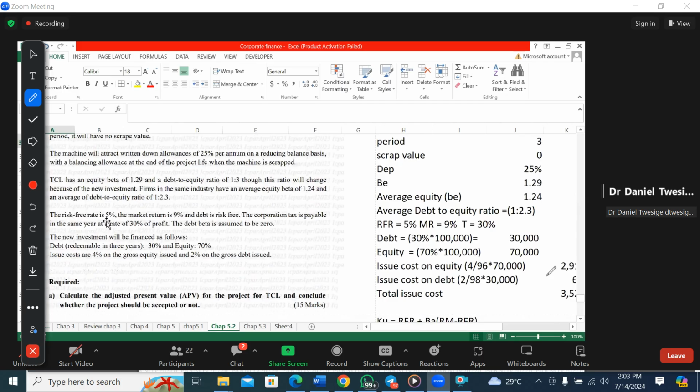Then the market return is 9%. And the debt is risk-free. It is 5%, not 9%. So we are using 5%, not 9%, because the debt is risk-free, meaning we are using the 5% here as the interest on the debt.